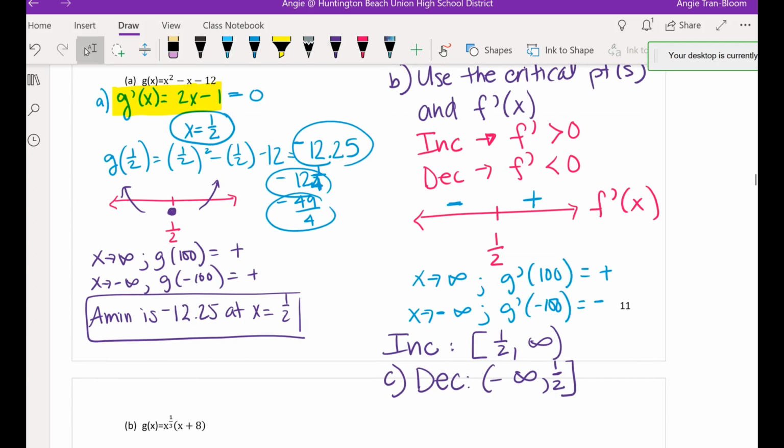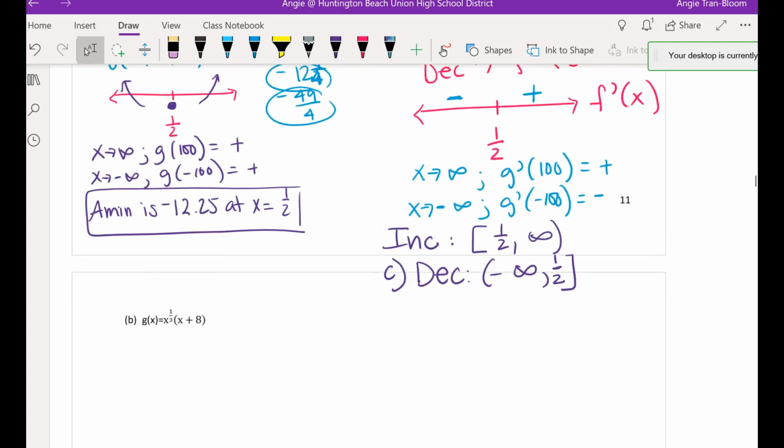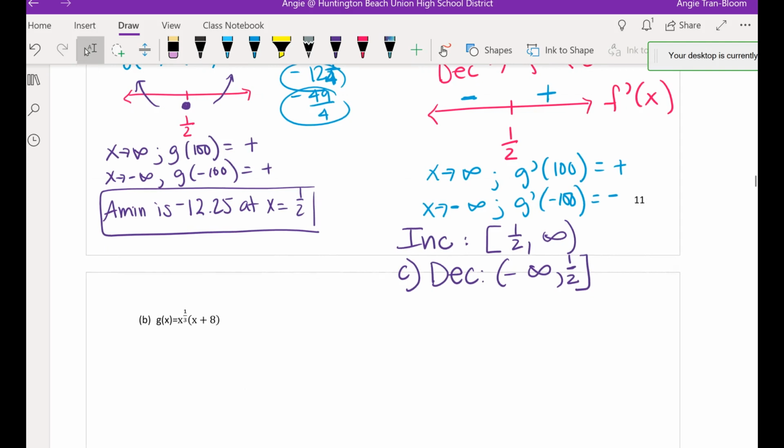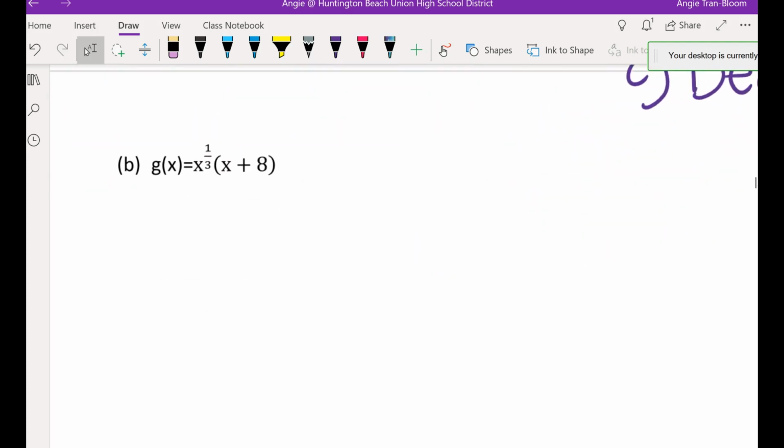Let's try B. B is probably our last example today. What do you guys want to do first? Derivative, right? Find the critical points. Both increasing and decreasing and min and max would both need a critical point anyway. How are we going to do that one? What rule? Yeah, here we go. G prime.